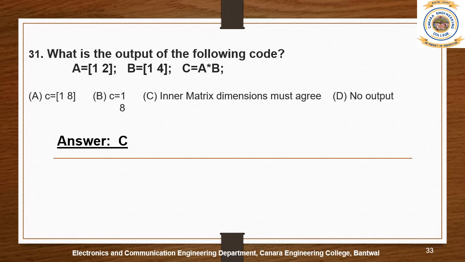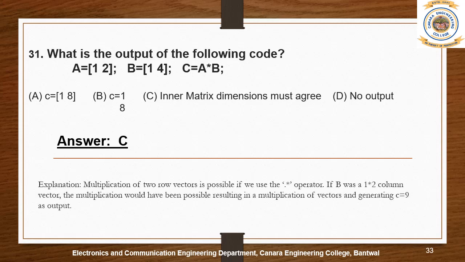I cannot multiply a vector of 1 row 2 columns with another vector of 1 row 2 columns. Explanation: multiplication of 2 row vectors is possible if we use the dot star operator, which does element by element multiplication. If B was a 2 row 1 column vector, the multiplication would have been possible, resulting in a multiplication of vectors and generating C equal to 9 as output.